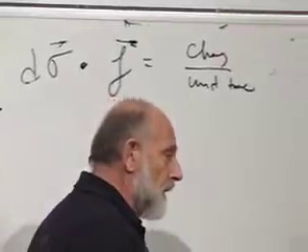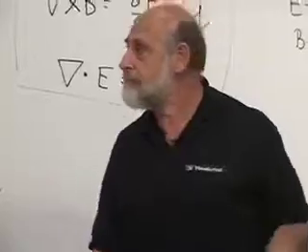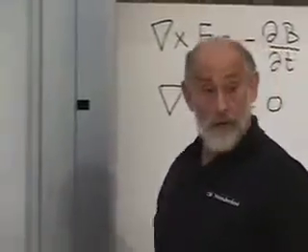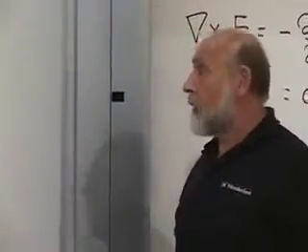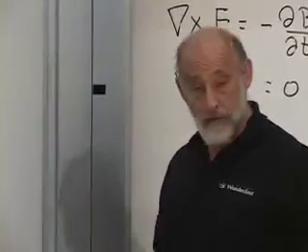So now you have the idea of the flow of charge, sometimes called the flux of charge. Flow or flux of charge and current or electric current are all the same thing.